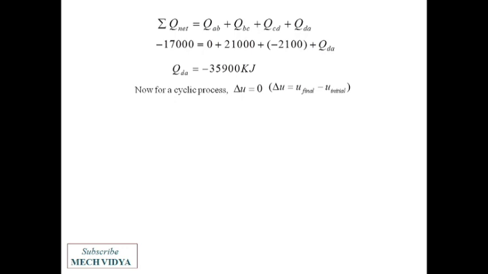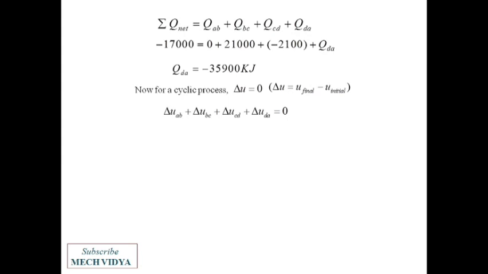And we can also write del U for the entire cycle as del U for the process AB plus del U for the process BC plus del U CD plus del U DA. This will also be equal to 0 because it is completing one full cycle.